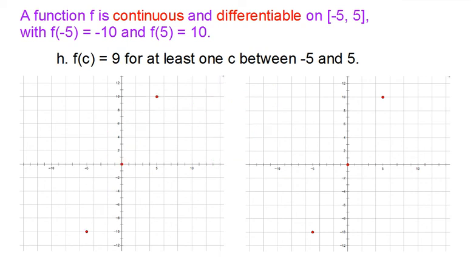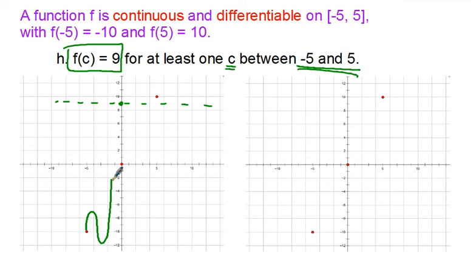Statement H. The output is 9 for at least one input between these two values. Interesting. So where's 9? 9 is here. Do I have to reach an output of 9? Well, I can go up and down. Lots of things could happen here. But does it make sense to you that you have to hit 9? Let's think of this as a problem about sea level.